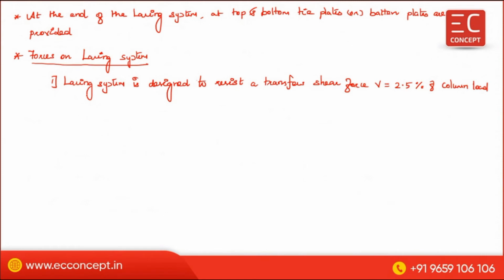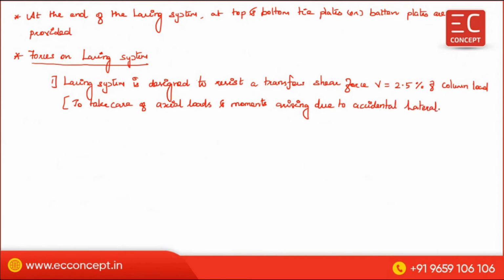Okay, lacing system is designed to resist a transfer of shear force V equal to 2.5% of column load. Why? To take care of axial load and moments arising due to accidental lateral loads.